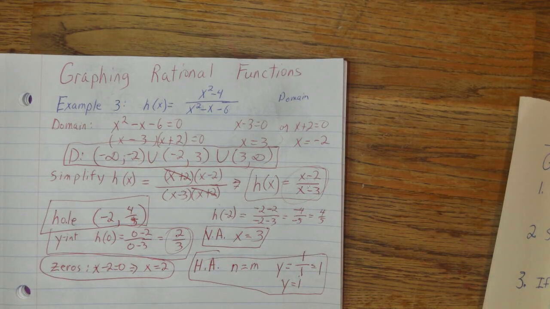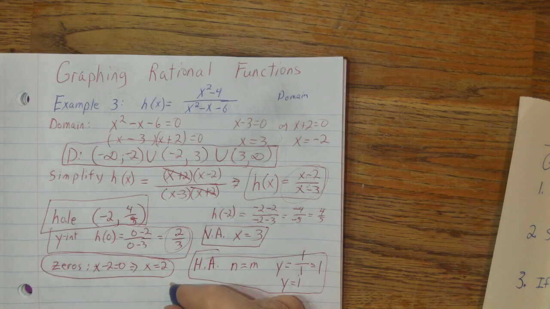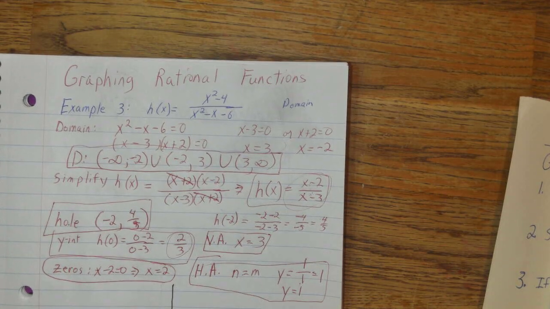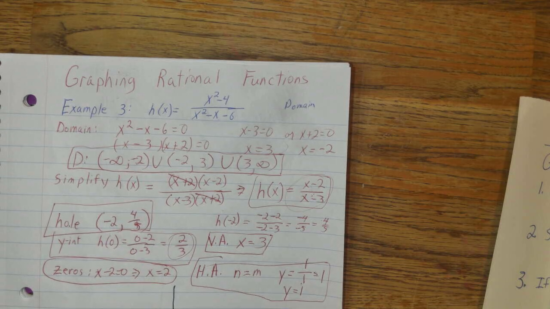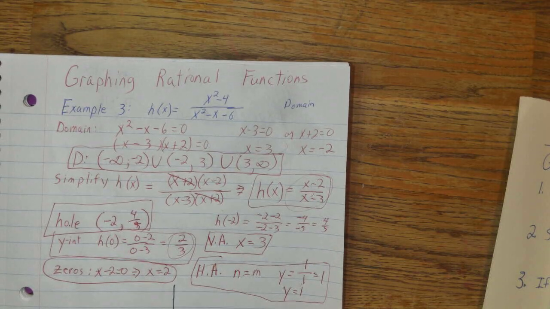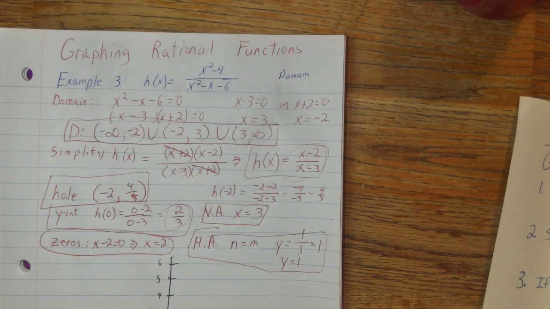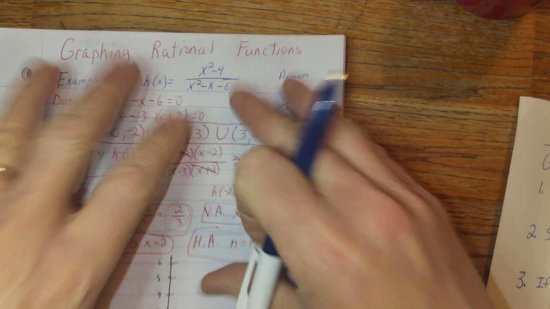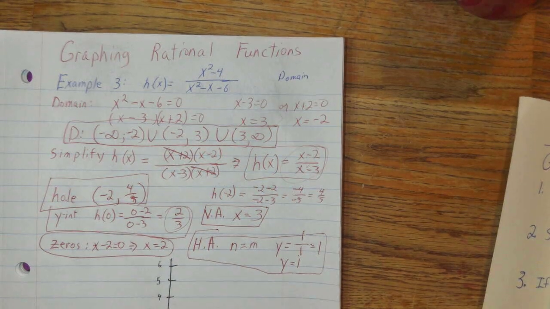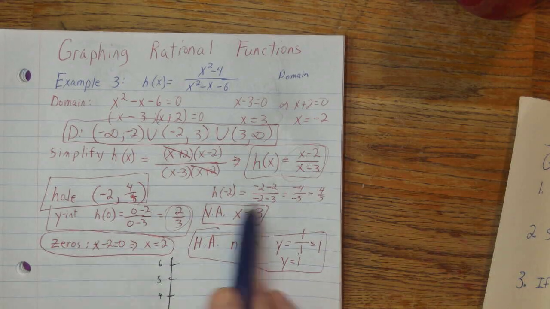Okay, now it's draw time. So a couple things. Okay, let's put all our values that we've just found here. I like to start with the vertical asymptotes. Where are those? Just one.